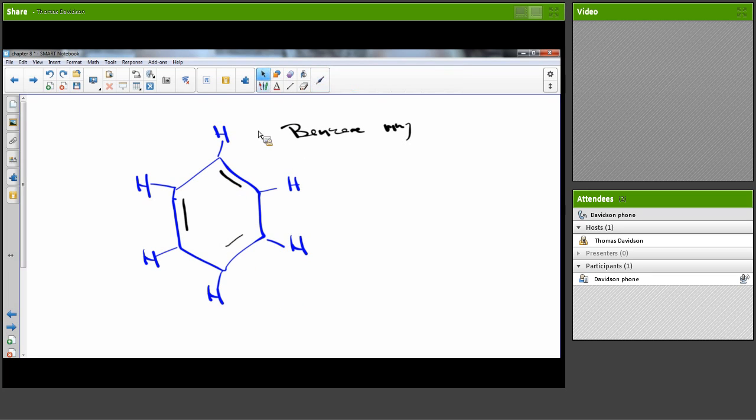But how do I know it's not in the other places? The answer is I don't. Those electrons, or the double bond, are free to move where they want. So when we really draw a benzene ring, we just draw the outside and then put a circle in the middle to imply that it's a delocalized substance.